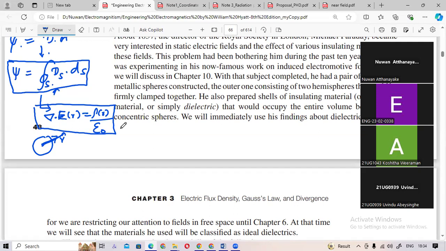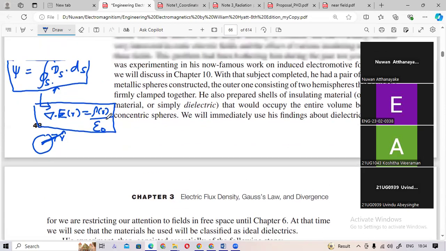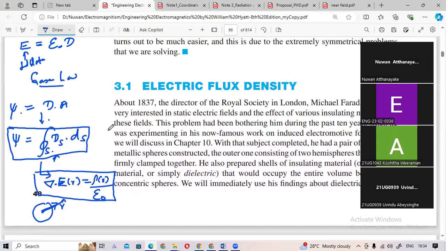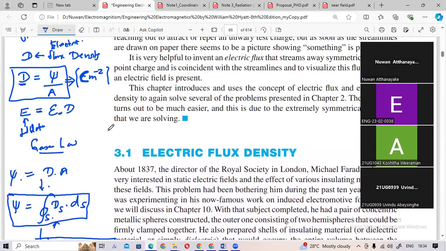And there is another important relationship. Actually, we have already learned that in relation to Coulomb's law.